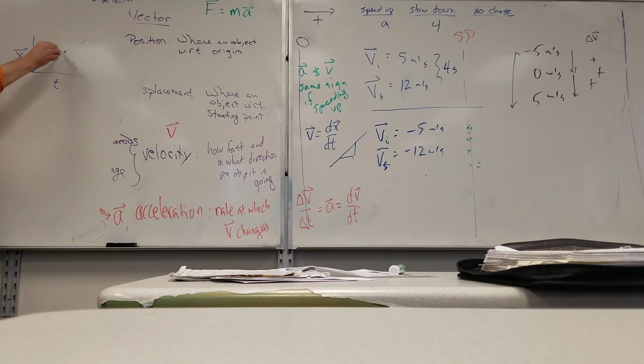If I take 2 points on this, and I look at this right here, the rise, which is basically a change in position, over time, which is some change in time. My slope is delta x over delta t, which is just average velocity. So the slope of a position time graph is average velocity.